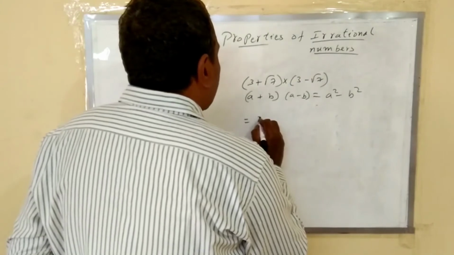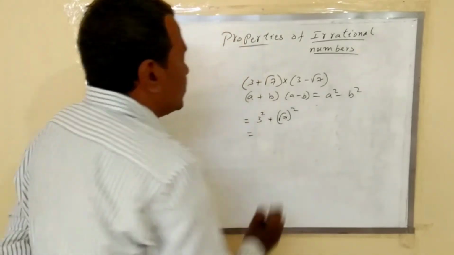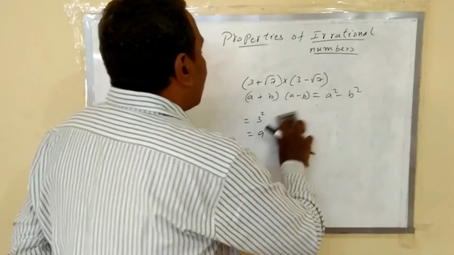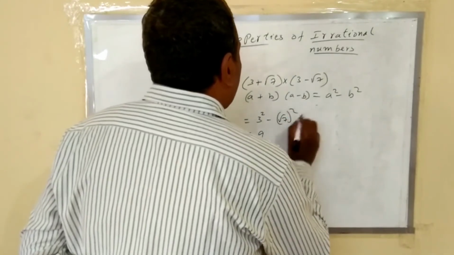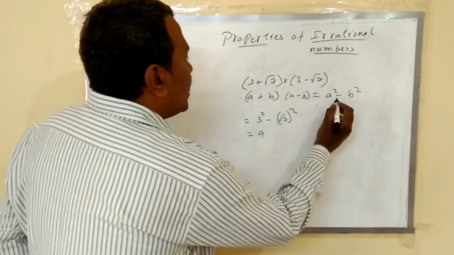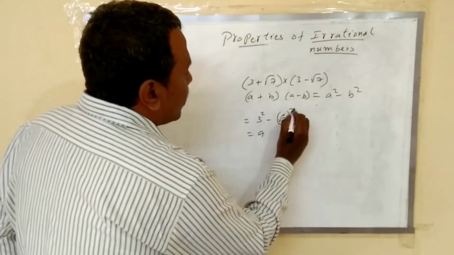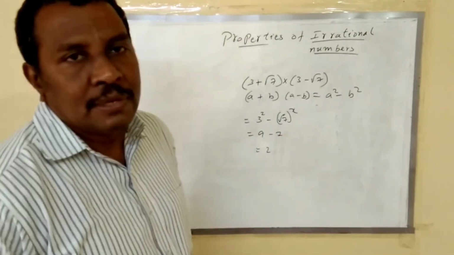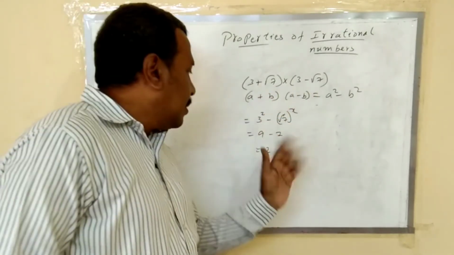So this can be written as 3 squared minus root 7 whole squared. 3 squared is equal to 9. What about root 7 whole squared? Square and root get cancelled. That becomes 7. 9 minus 7 is 2. So here we got a rational number. The product of two irrational numbers, we got a rational number.